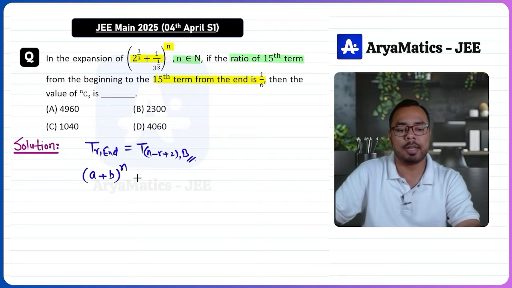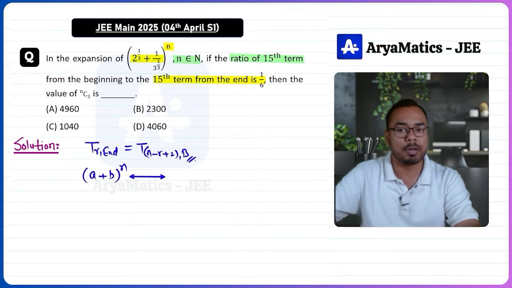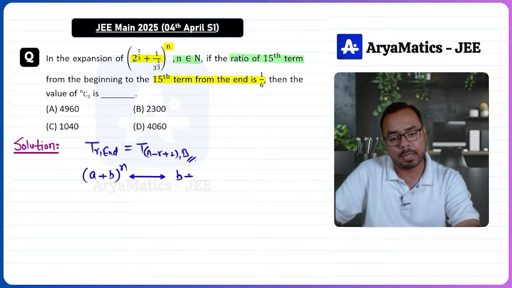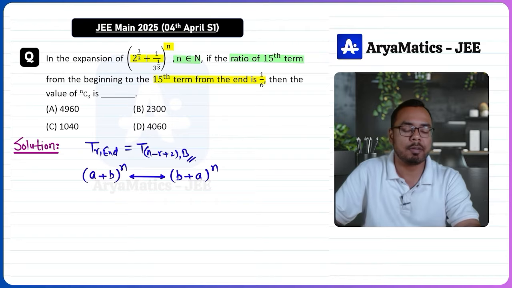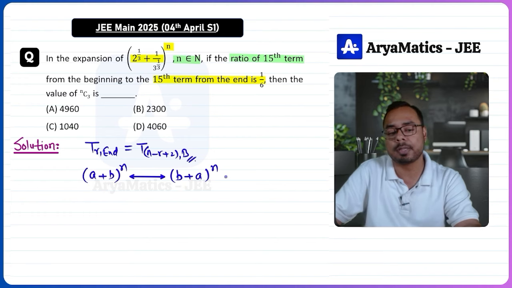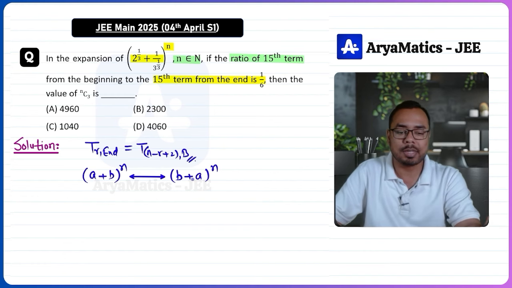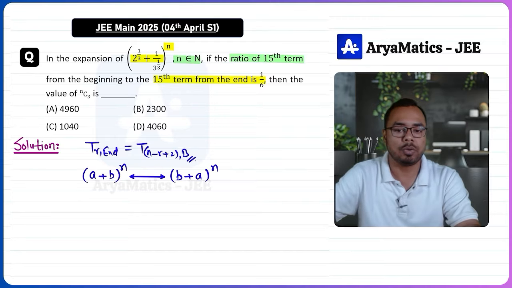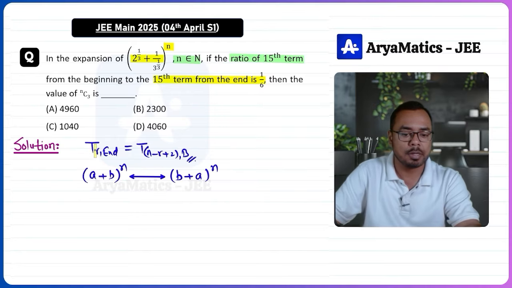Instead of (a + b)^n, you write (b + a)^n, and then find the term from the beginning. That means Tr from the end in (a + b)^n is the same as Tr from the beginning in (b + a)^n. So in one line you can write a particular term from the end, and you don't have to worry about which term it is from the beginning.